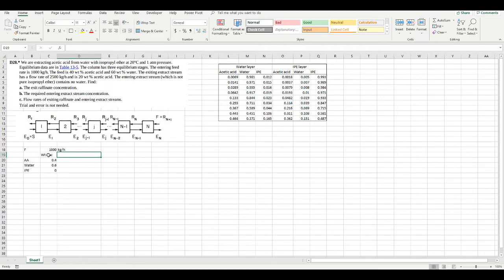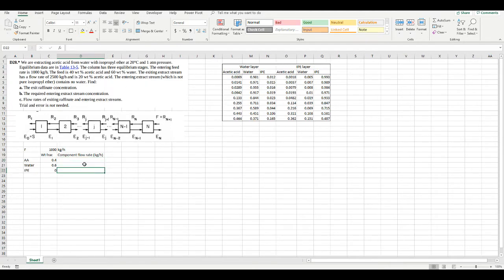And then we're also going to add a column for the component flow rate. This is also going to be in kilograms per hour. And this is simply going to be the flow rate multiplied by the weight fraction.